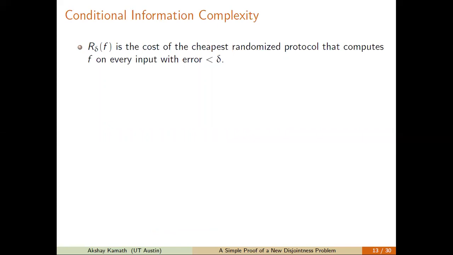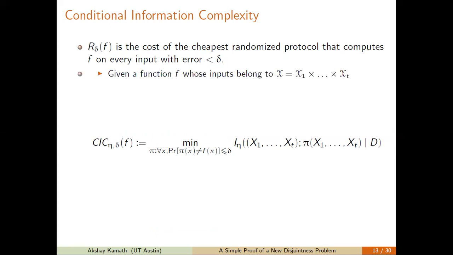So in order to prove the second theorem from the previous slide, we need to refresh certain definitions from the paper of Bar Yosef et al. Specifically, we need to look at the definition of conditional information complexity. Given a function f whose inputs belong to a set X, and another set D of auxiliary random variables, suppose that the inputs X and the auxiliary random variable D are picked from X cross D according to the distribution eta.